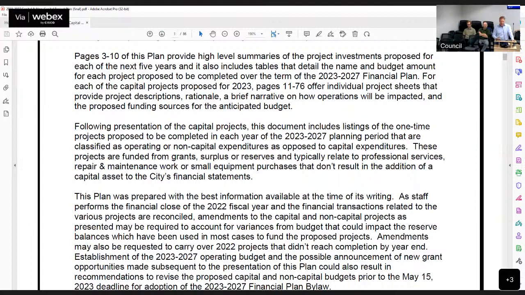The idea behind having a 5-year financial plan is so that we can continue to work under that plan in year 2, despite the fact that the bylaw won't be adopted until May 15th of that year. But a year like this in particular, as we get into the plan here, you'll see that there have been some significant increases to the budgets that were approved in the current 5-year plan.